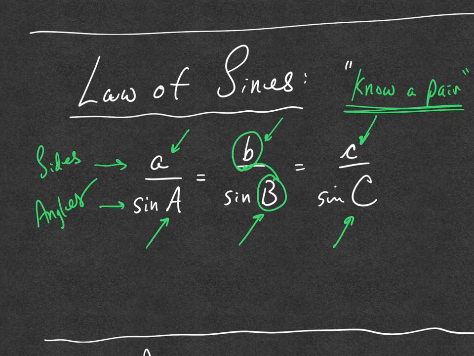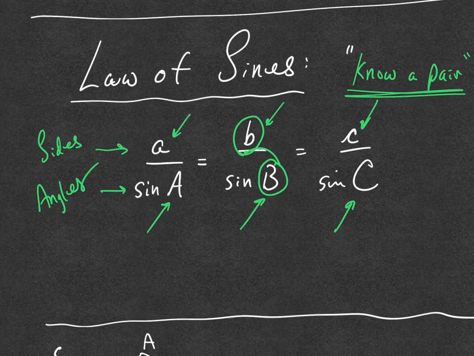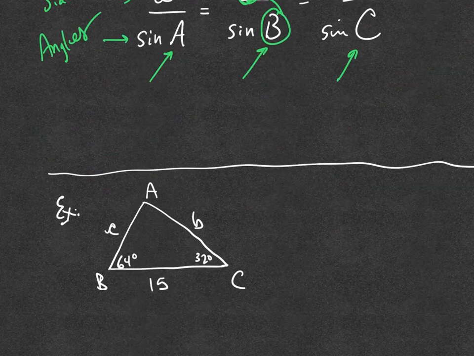If we don't know a pair, then we're going to have to use our next tool, which we'll take care of in the next couple of days. But when you do know a pair, then you can use law of sines. So make sure you pause the video and get law of sines down along with the phrase, know a pair. Then once you have that in your notebook, move on to the examples.